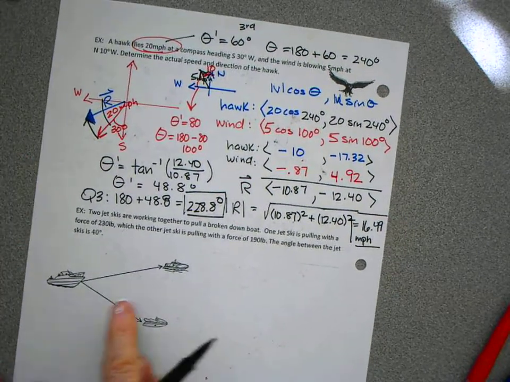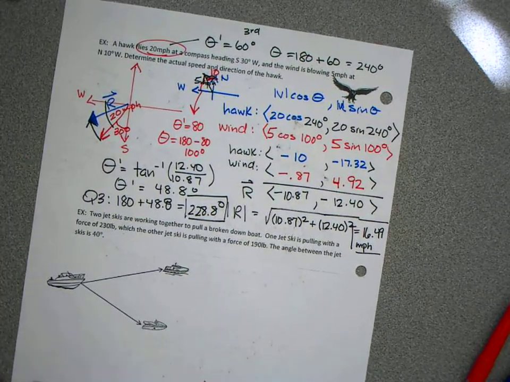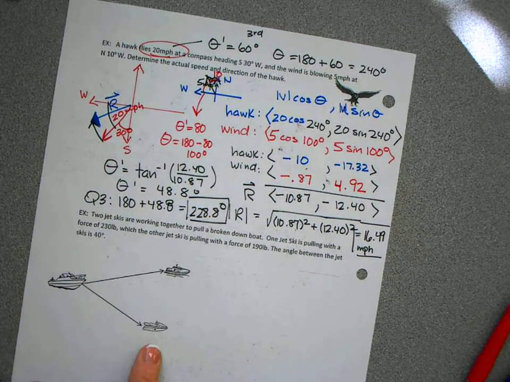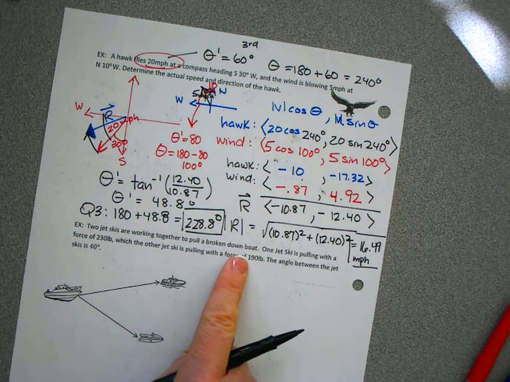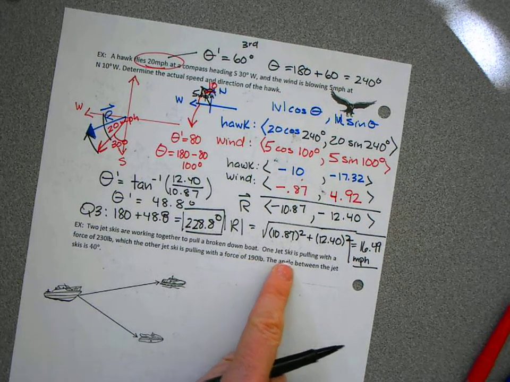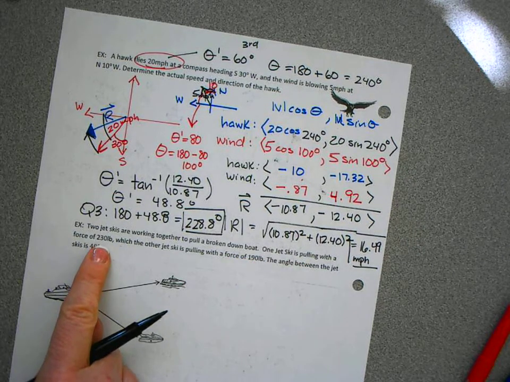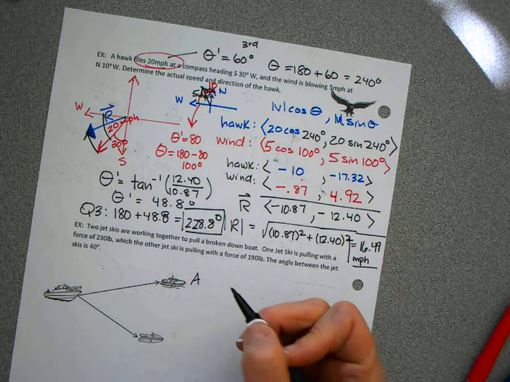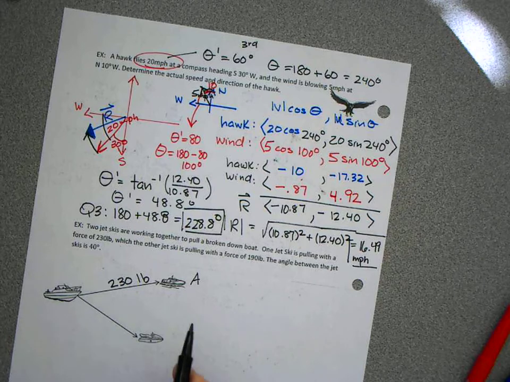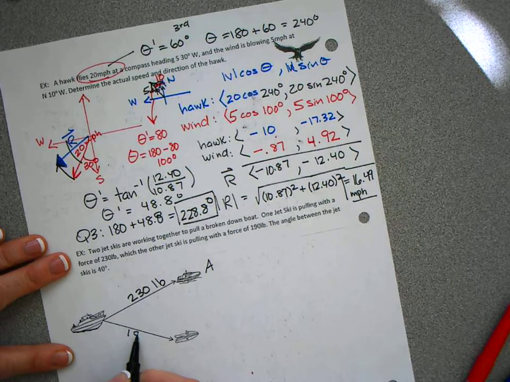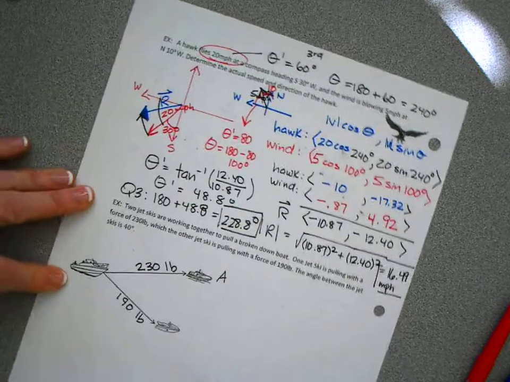So we've got two jet skis working on a boat. So they're working together to pull a broken down boat. One jet ski is a force of 230 pounds, so we'll call this boat A. While the other jet ski is 190 pounds.